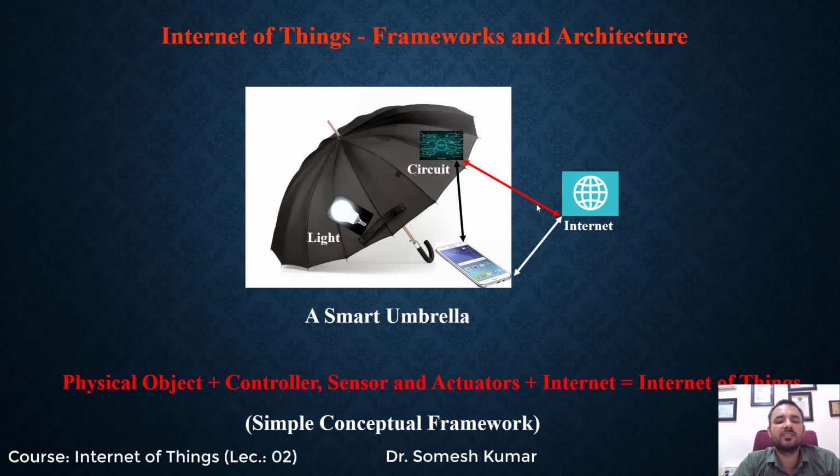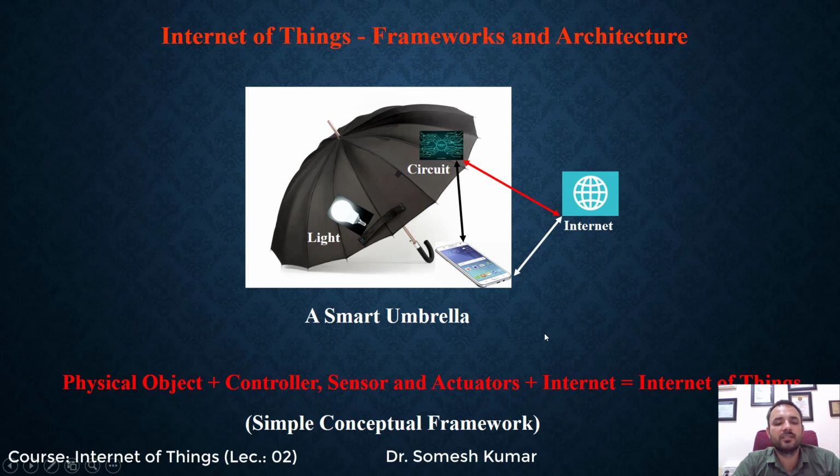So the simple conceptual framework basically consists of three things. One is your physical object, second is your controller, sensor or actuator part, and third is the internet, and combined, these three things constitute the IoT system. Here the physical object is this umbrella.